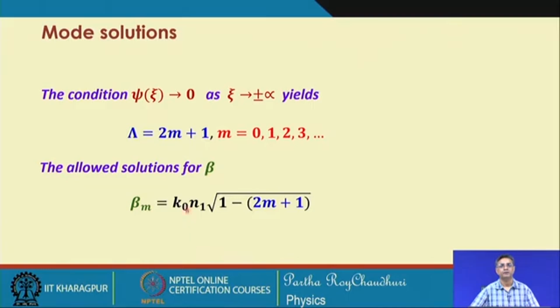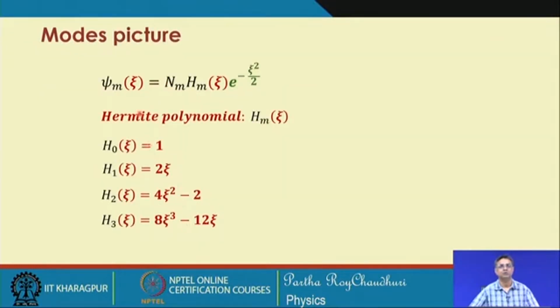So, this lambda will give you that beta m equal to k_0 n_1 under root of 1 minus 2 times (m plus 1) by the corresponding quantity. So, m will assume different values of 0, 1, 2, 3 and we will get the various modes propagation constants, m equal to 1, m equal to 2 etcetera. M equal to 0 will be the fundamental mode. Now, we will look at the modes picture, how the modes look.